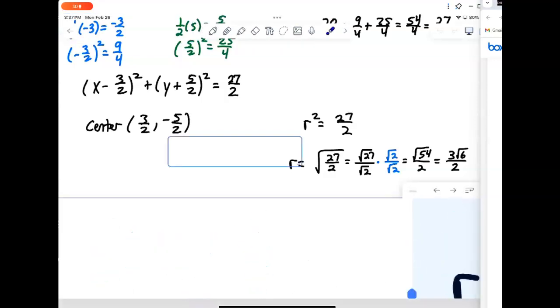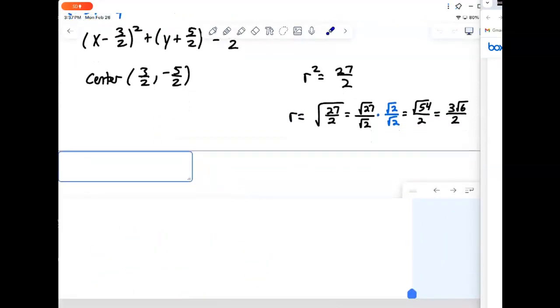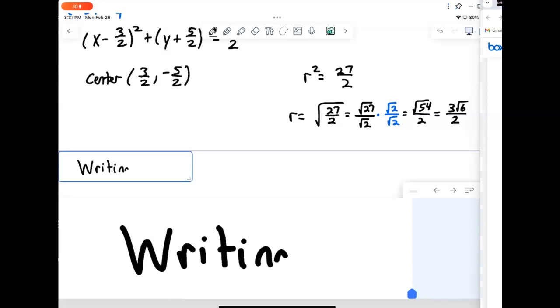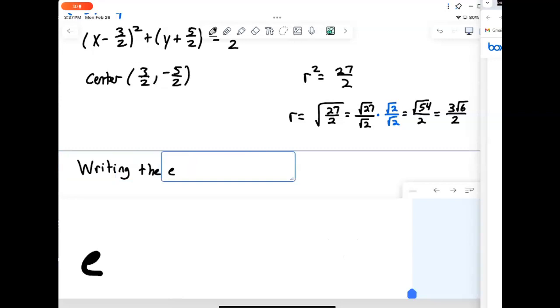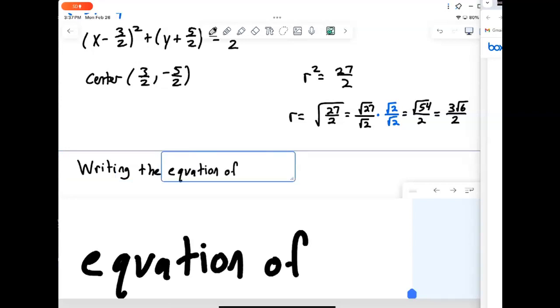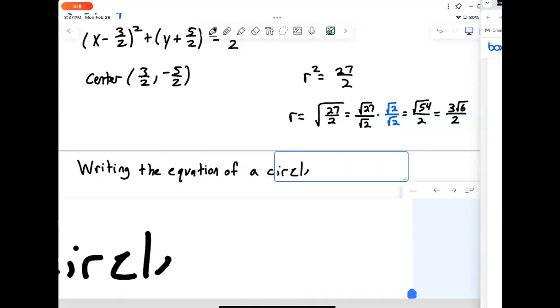which deals with writing the equation of a circle. The key idea here, as we write the equation of a circle, is of course our standard form.